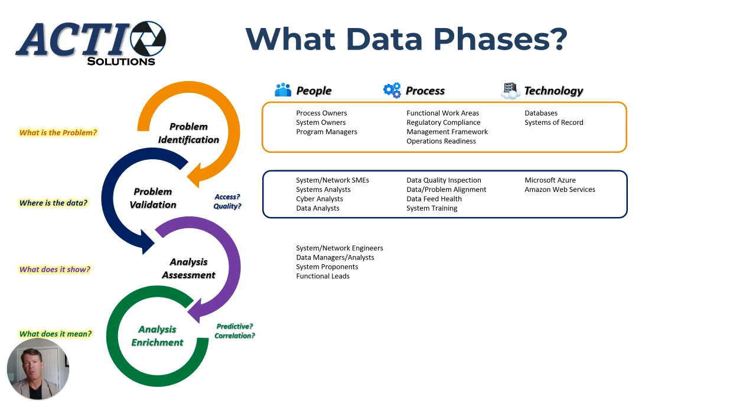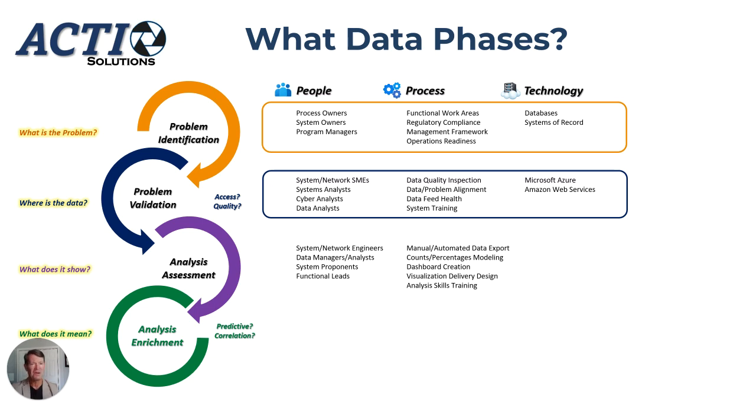So your system proponents are involved in this, your functional leads are involved in this, but the biggest roles are your data managers and your analysts, because they're the ones that are actually going to provide that initial assessment as part of stage one. So the processes associated with that: this is where you're doing your manual and automated data exports, the continuity of those.